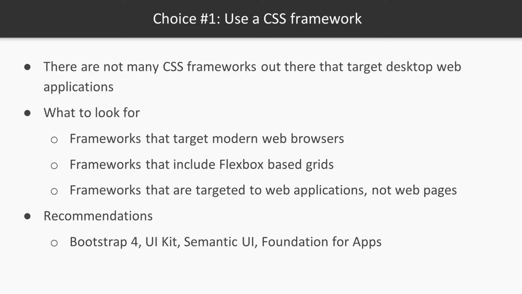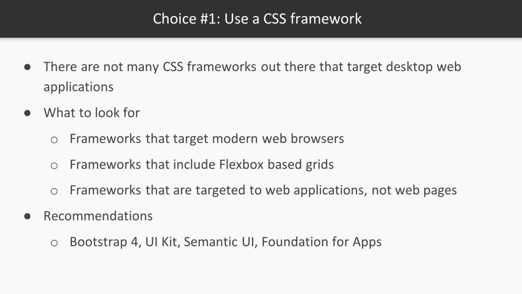Here are the main characteristics of CSS frameworks that we should consider for building Electron applications. First, the framework should target modern web browsers, so we don't bring hundreds of CSS rules that are only meant to work around older web browsers' limitations. Then, we should make sure that the framework we choose has a grid system based on Flexbox. In case you haven't heard of it, Flexbox is a modern CSS layout model that makes building complex application layouts a breeze.